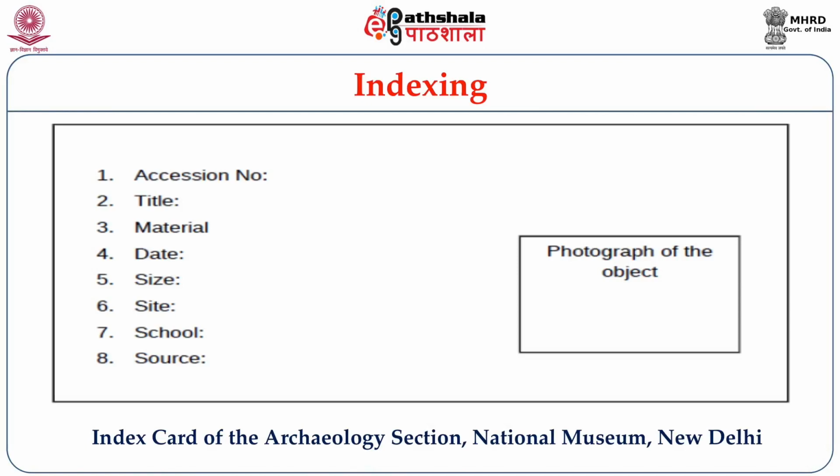The date on which the object was collected should be indicated in an index card, along with the size of the object, the actual provenance or site of the object, the school, that is the school of painting of the object, and the source of the object. An accurate photograph should also be added to that card.